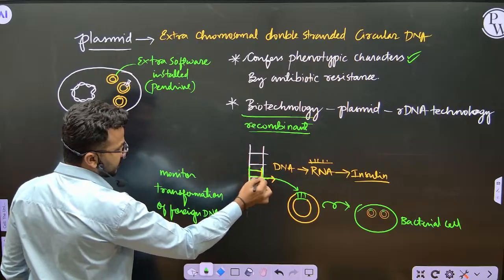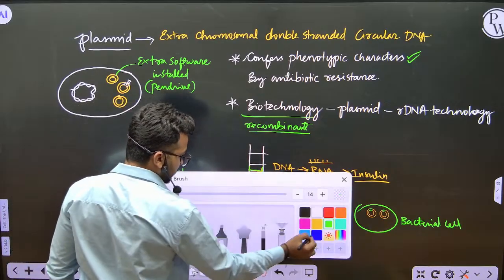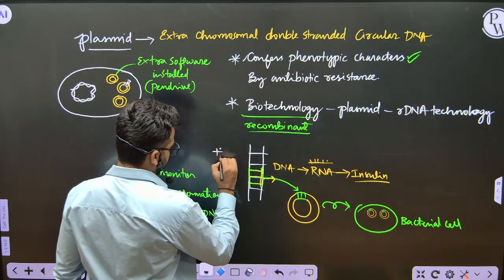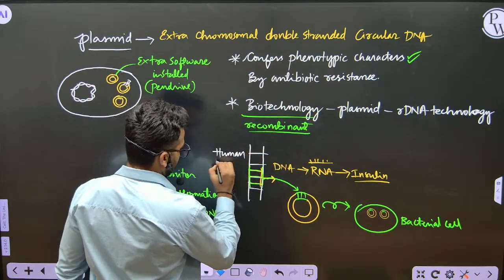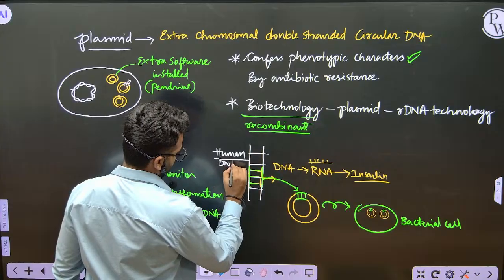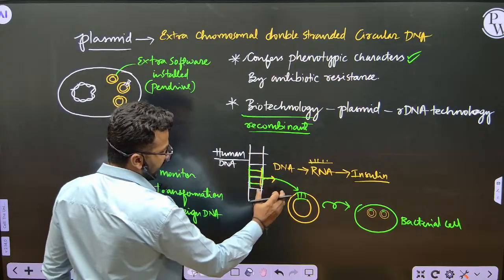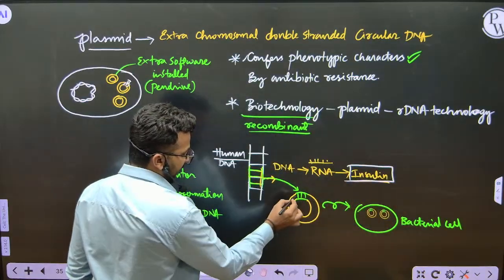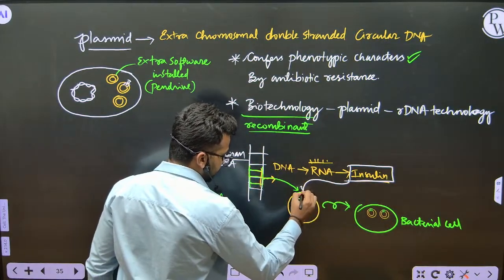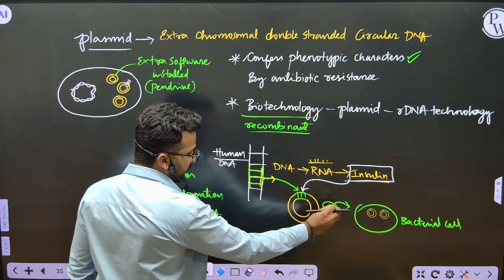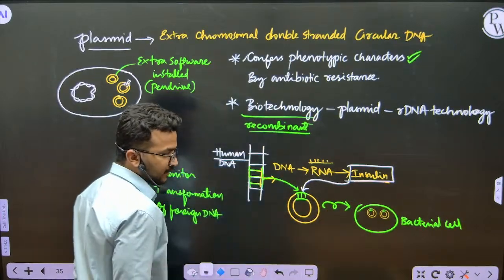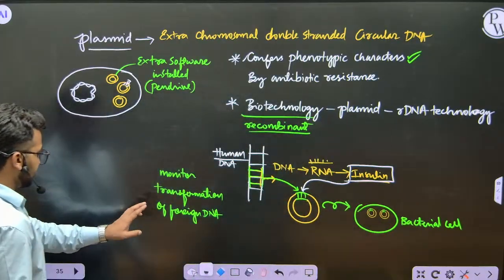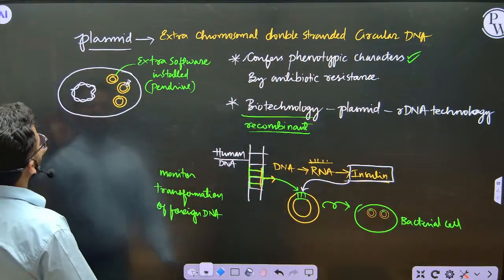This I am incorporating from human DNA, no? So from human DNA, I am taking the insulin gene and I am incorporating it in this. After this, I am introducing that into the bacterial cell. So the bacterial cell will replicate the insulin gene. As it doubles, we'll get this one. So it is about the plasmid.